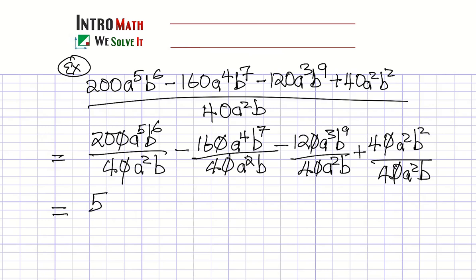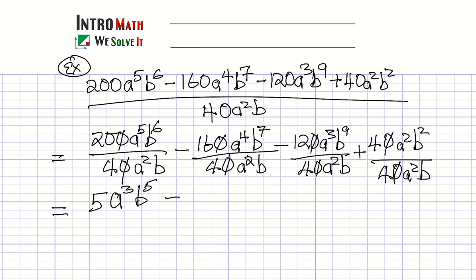Okay, a raised to the power 5 on top, a raised to the power 2 in the bottom will give you a raised to the power 3. And look at b. B will give you 5 right there.